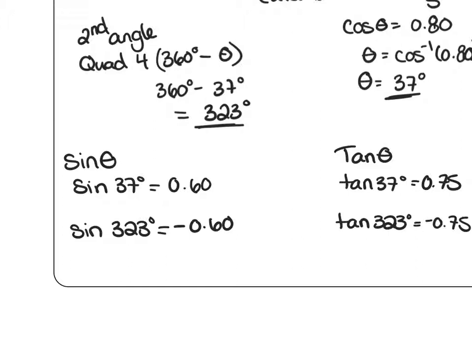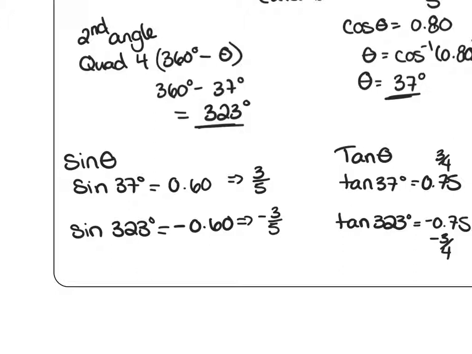And that is how you do it. If you want to be more exact, you go ahead and use the Pythagorean theorem, find out that third side, and then just leave them in fraction form. If you had done that, you would have got 3 over 5, negative 3 over 5, and this one would be 3/4, negative 3/4, if you did the Pythagorean theorem and you wanted exact answers.